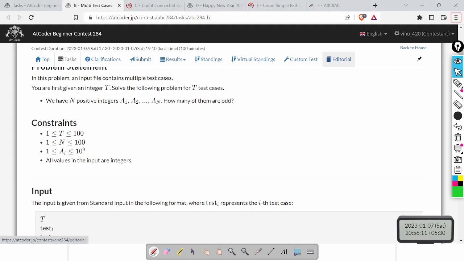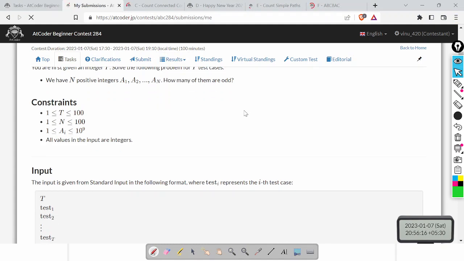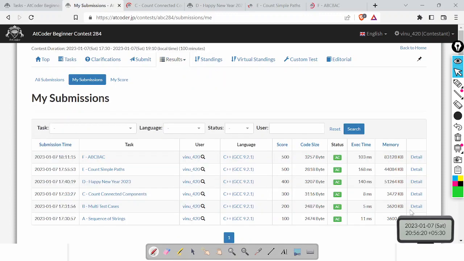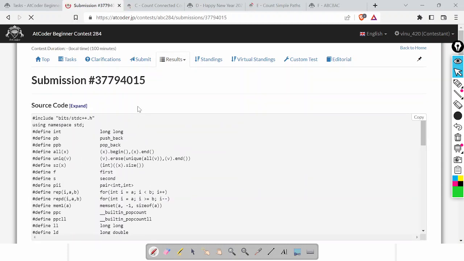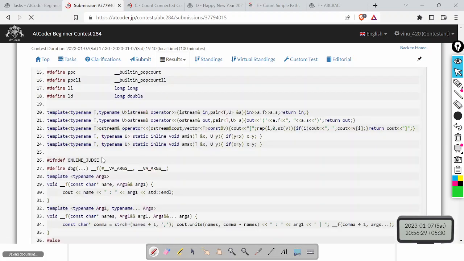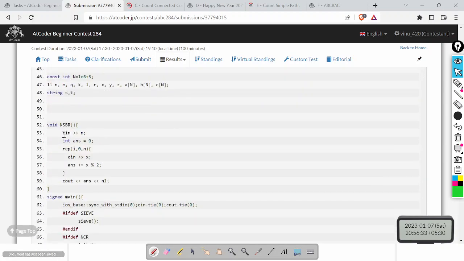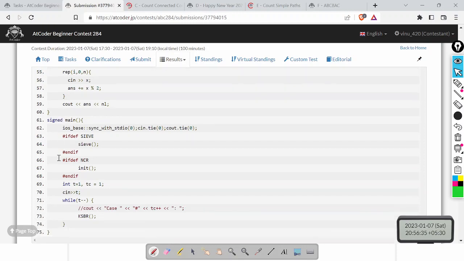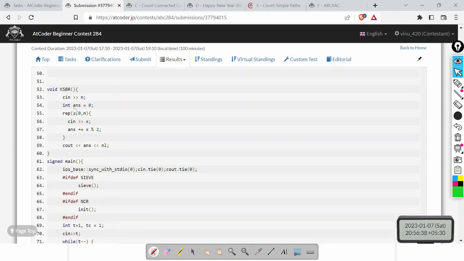So let me quickly show you my code. For each test case we are running this solve function on multiple test cases, and we read the number of elements and the array, and then simply do answer plus equal to x mod 2.